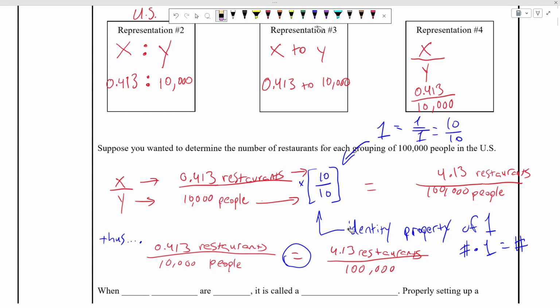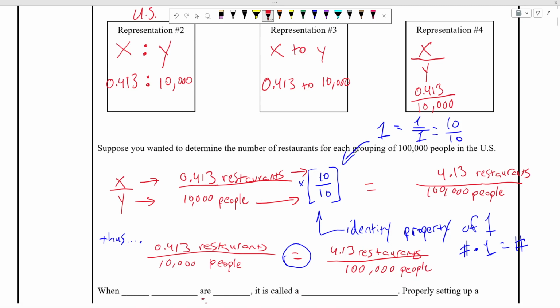According to this property, whatever we multiply by the number 1 is itself. So we multiplied this by the number 1, and this was our result. It is itself. Thus, 0.413 restaurants per 10,000 people is equivalent to 4.13 restaurants for every 100,000 people.